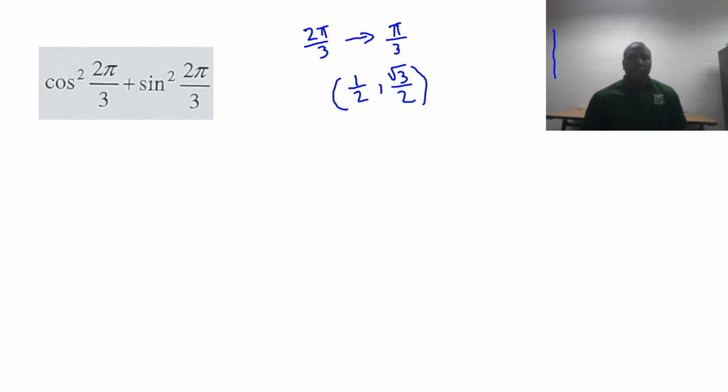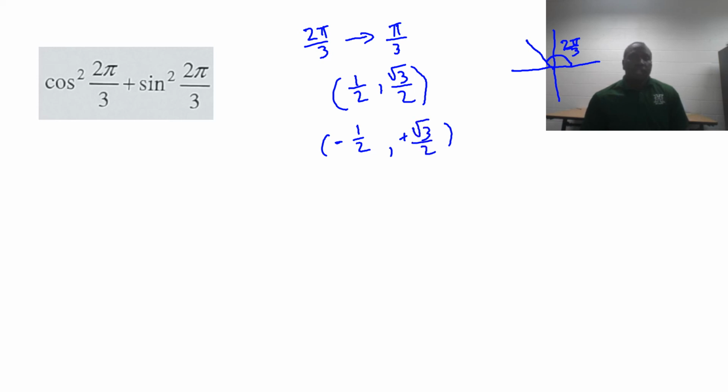Think about where 2 pi over 3 is on the unit circle. 2 pi over 3 falls into the second quadrant. Because it falls into the second quadrant, how would the points go? All points in the second quadrant are going to be negative first, then positive. So when we write down our actual value for 2 pi over 3, it's going to be negative 1/2 and positive radical 3 over 2.